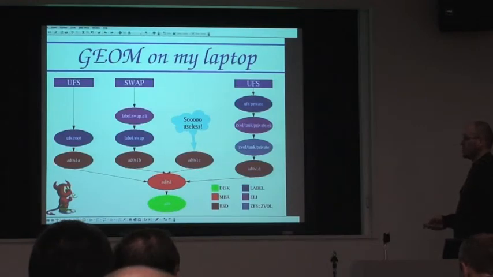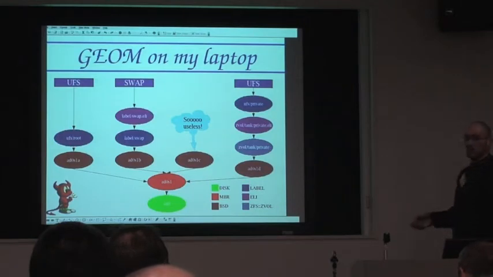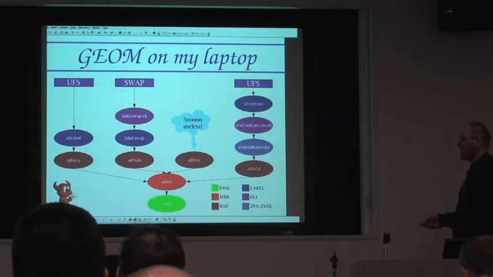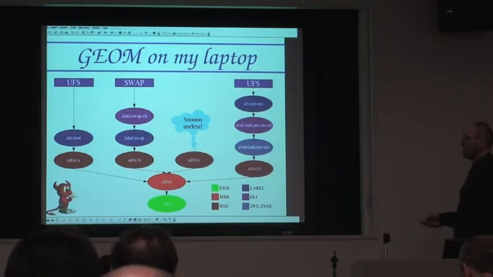So I have ad0s1a, which I use for my root file system. And I have a UFS file system on top of this GEOM provider. I use a ufs/root label, so it just looks nicer in mount output.